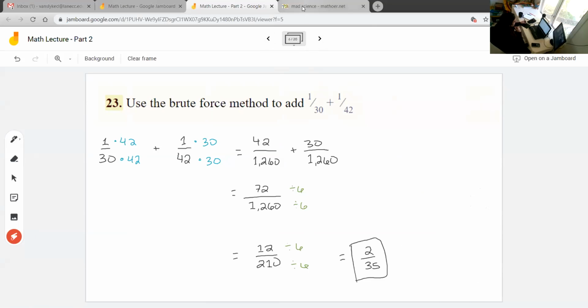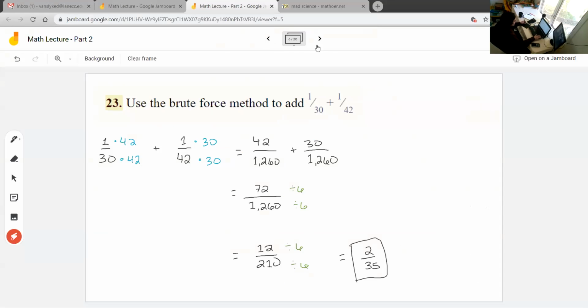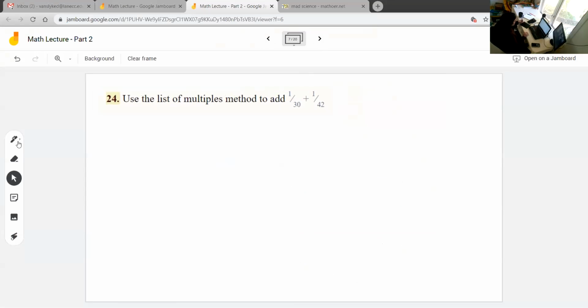There's a third method. So I'm trying to find something that's bigger than 30 and 42 that will work. So I can just say, let's list out my multiples of 30. 30 times 1, 30 times 2, 30 times 3, 30 times 4, 30 times 5, 30 times 6, 30 times 7, and so on.